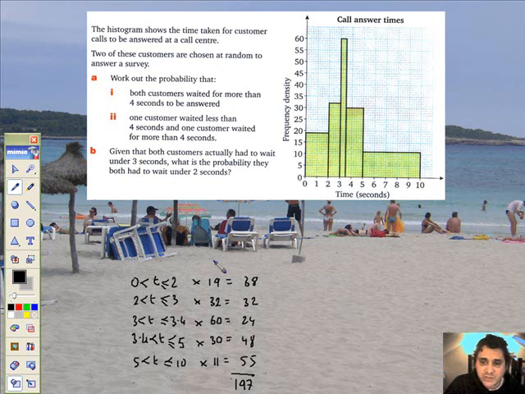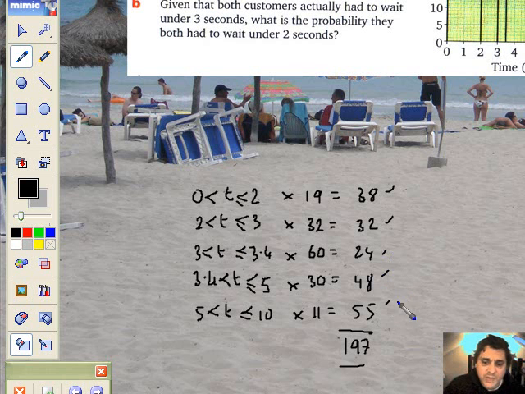From 0 to 2 has a width of 2 lots of 19, 38, so that's correct. Next one, from 2 to 3, is a bar width of 1 times 32, which gives us 32. So I've worked all these out and found a total of 197 people who called the centre over that given time, and now we're going to survey just 2 of them.